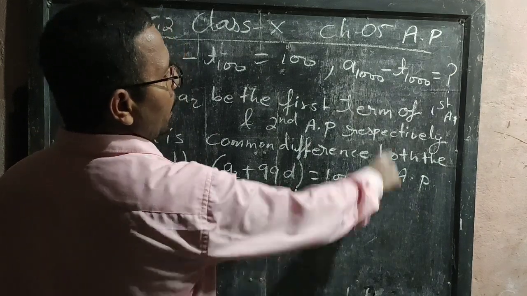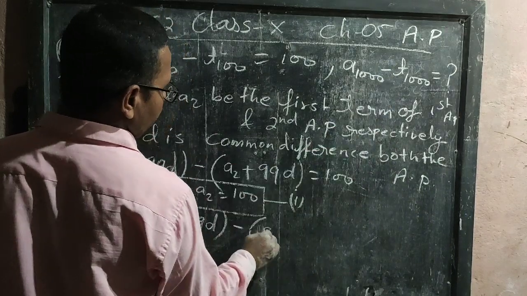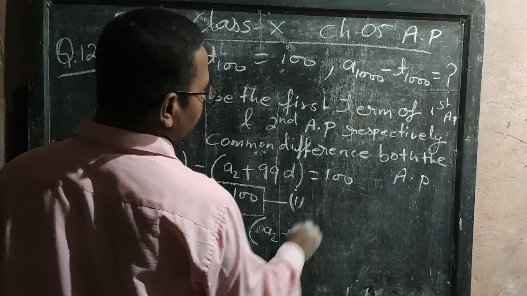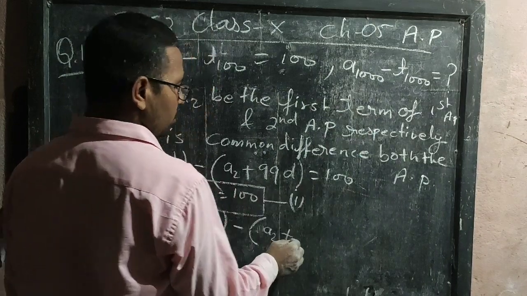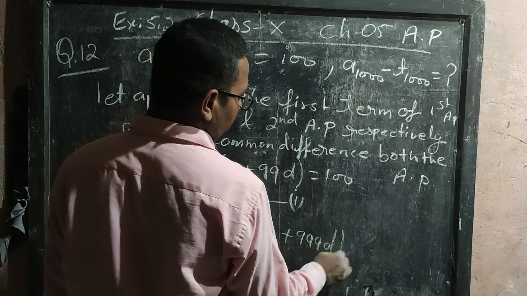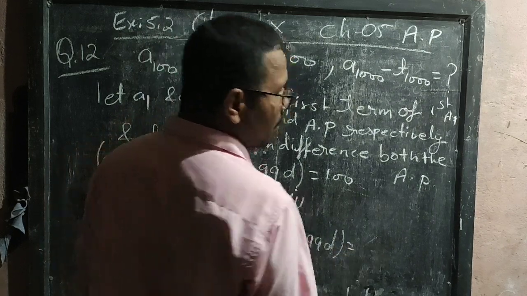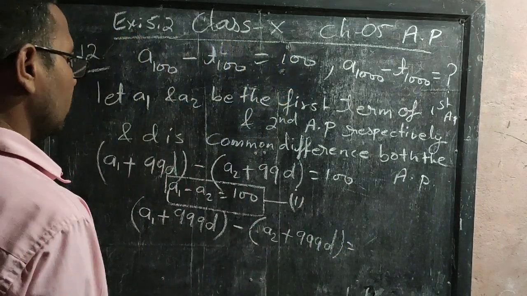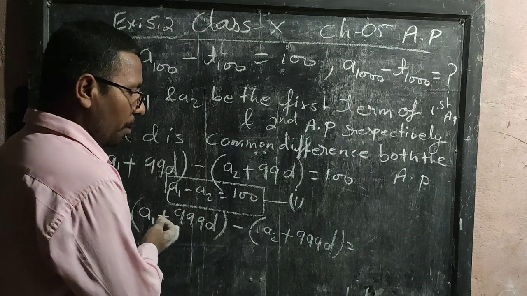Again T1000: A2 is the first term of the second AP, so A2 plus 999 into D. Now just open the bracket.